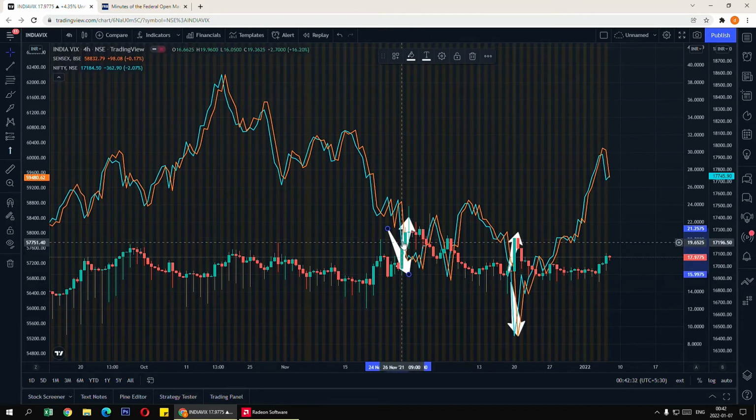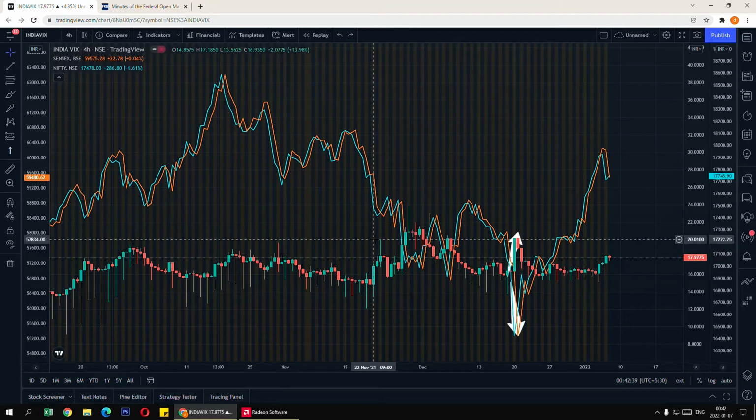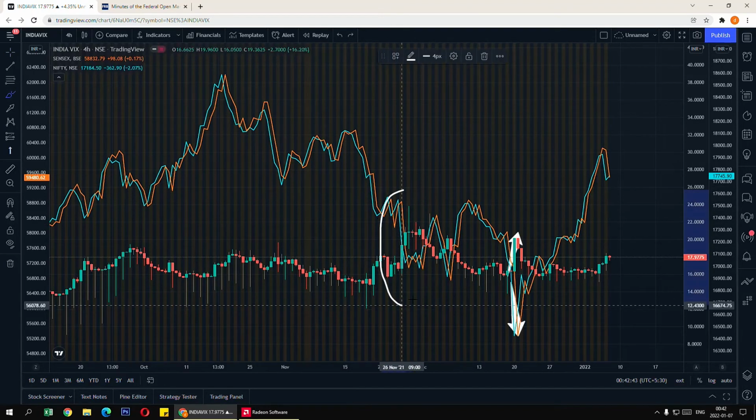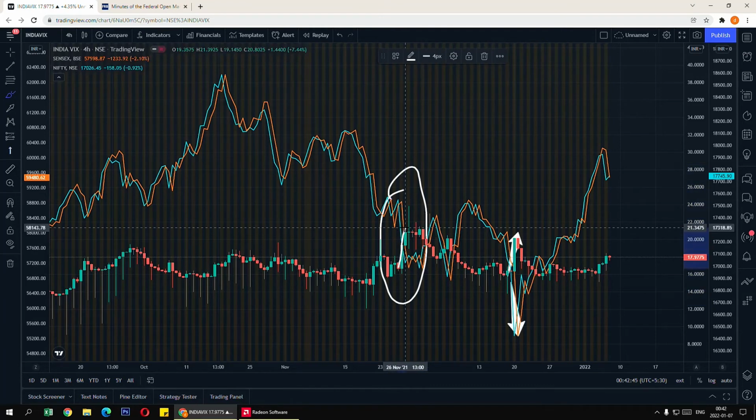I'm really sorry, I messed up a little bit there, but I hope you can see. As you can see here, our volatility index increases and we have a downward move in SENSEX and NIFTY both. Let me give you today's example.